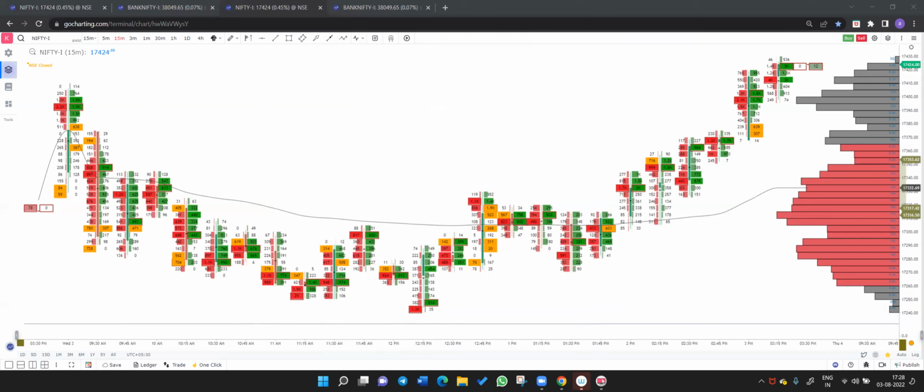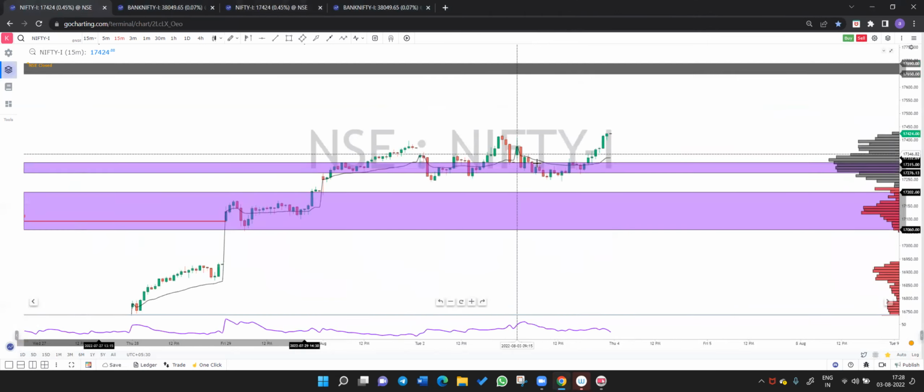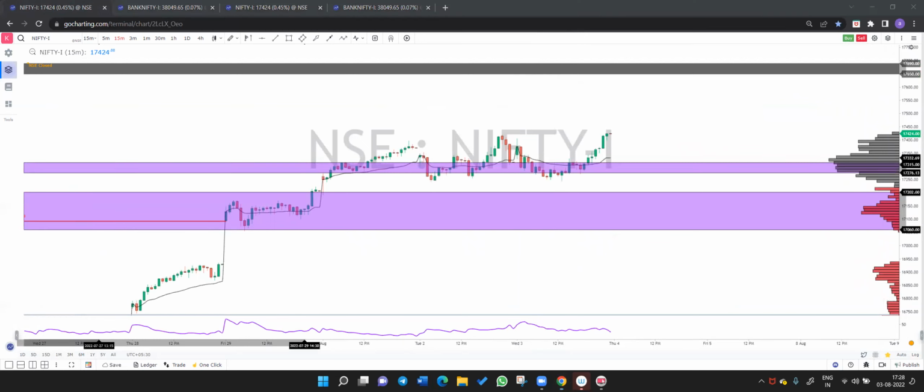Now, coming back, if I talk about my trading plan for tomorrow, I see that Nifty has once again made another structural swing high. As of now, the largest buyers, as per volume analytics, are sitting between 17,276 and 17,315.